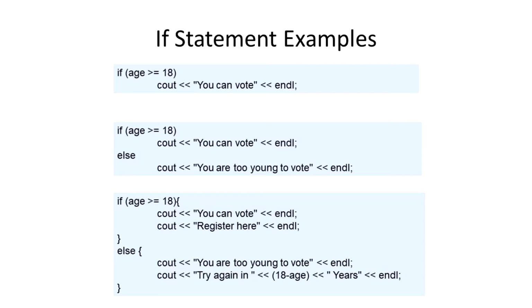It actually works out how many years they need to acquire before they can vote. But the point here is that as there are two or more statements in both the if body and the else body, these need to be within braces, as you can see here. Okay, so hopefully that serves as a recap of how to use an if statement. Hopefully you've used this before and you're comfortable with it.